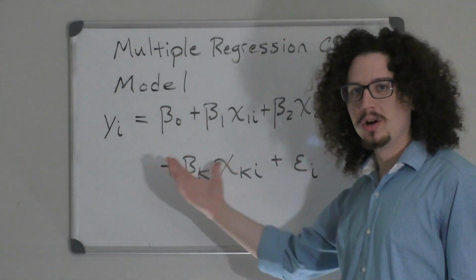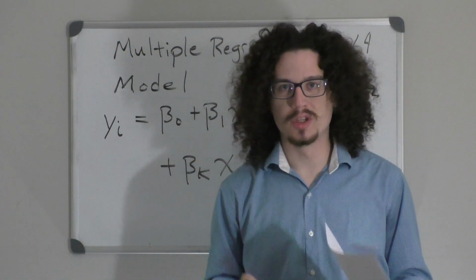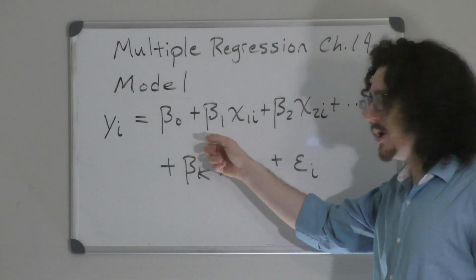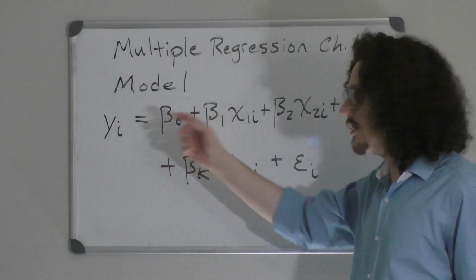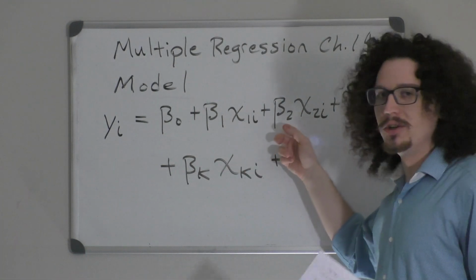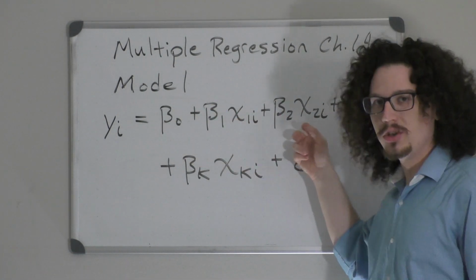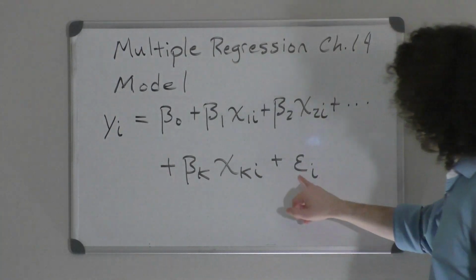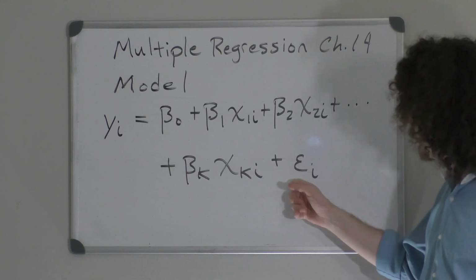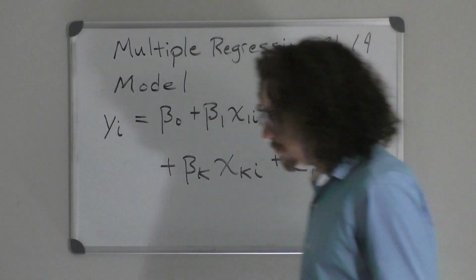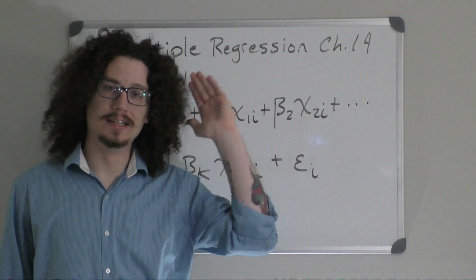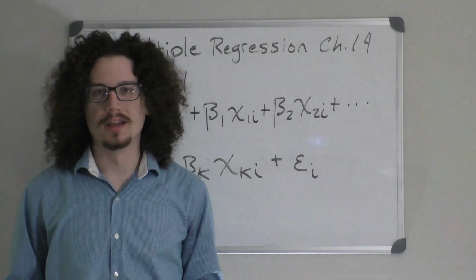These determine the slope in conjunction with the values of those independent variables. Also, beta 1 is the effect on the dependent variable that x1 would give. Beta 2 is the effect on y that x2 would give, and so on. And then, of course, since this is the model, we are including our error, this epsilon here, because no model is going to be perfect unless all of our data is perfectly linear, which is very unlikely.